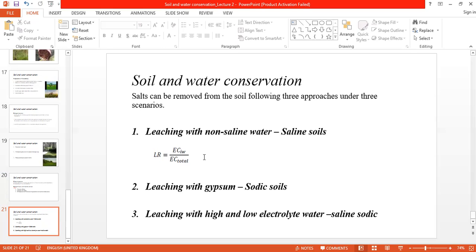And now, if that sodium is on the soil complex, it will start to cause structural degradation. So this is one way in which you can use chemicals to improve or conserve your soils.